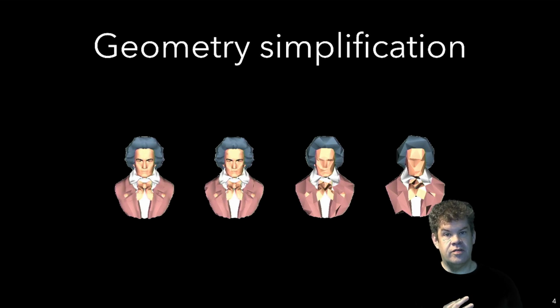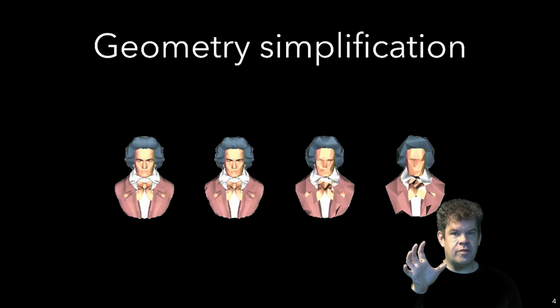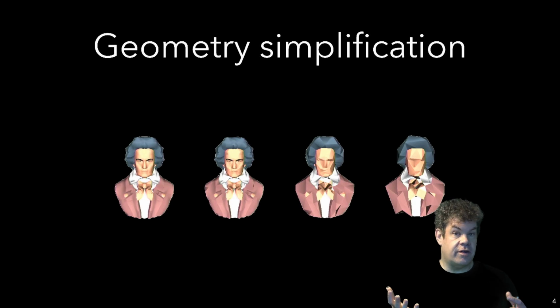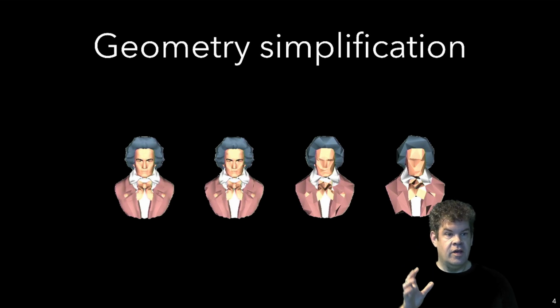We'll see later today why that's the case, but just as a quick pointer ahead: if you have very small details that are smaller than what is visible on screen, you get an effect called aliasing or flickering, and that can be reduced or removed by removing small scale detail. So more on that a little bit later. But just as a side note, it might not just improve performance, but also quality.